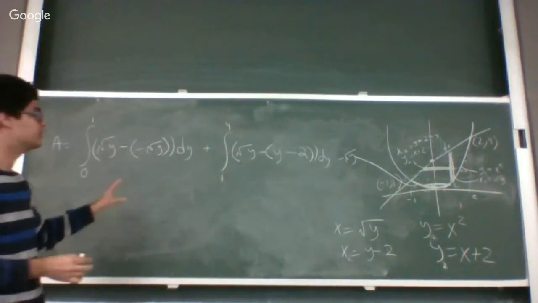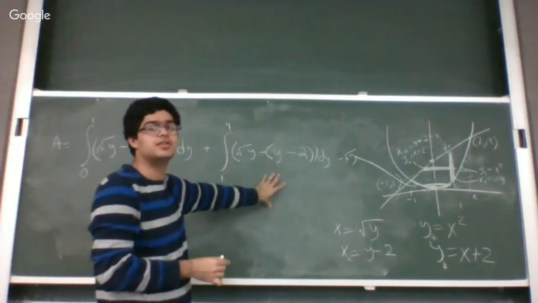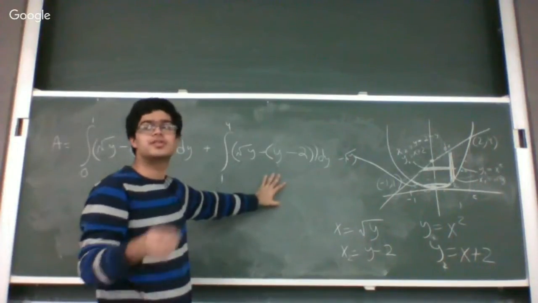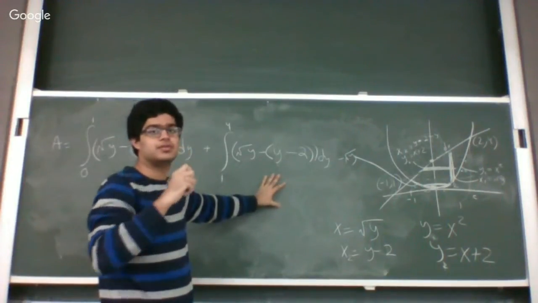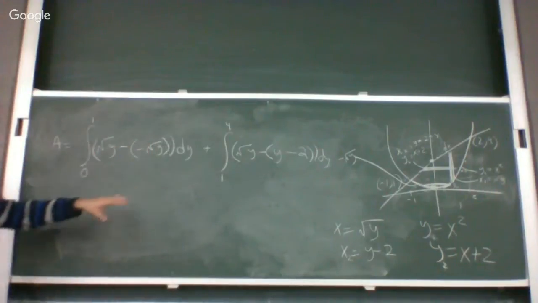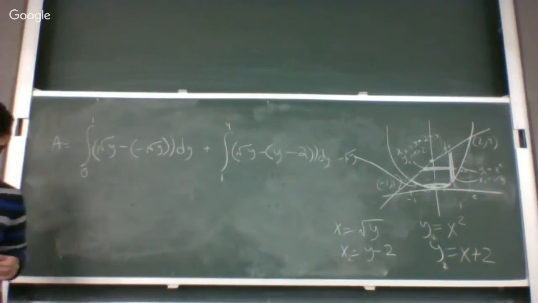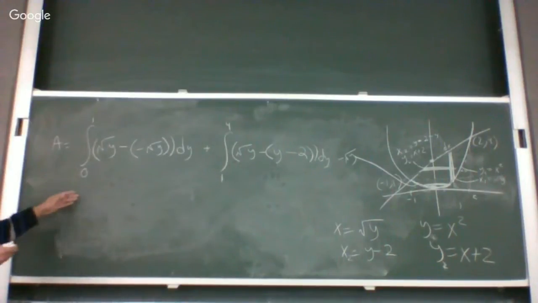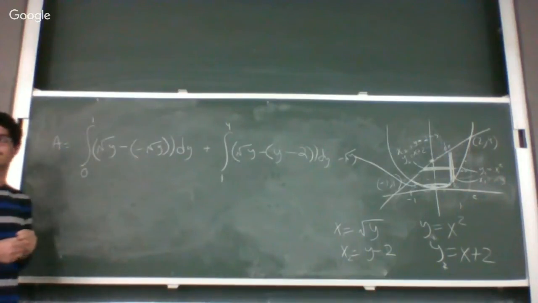Do you guys all understand how we got this? Any questions? Yeah. The domain is from 0 to 4, because that's with the y-axis. Do you have a question?